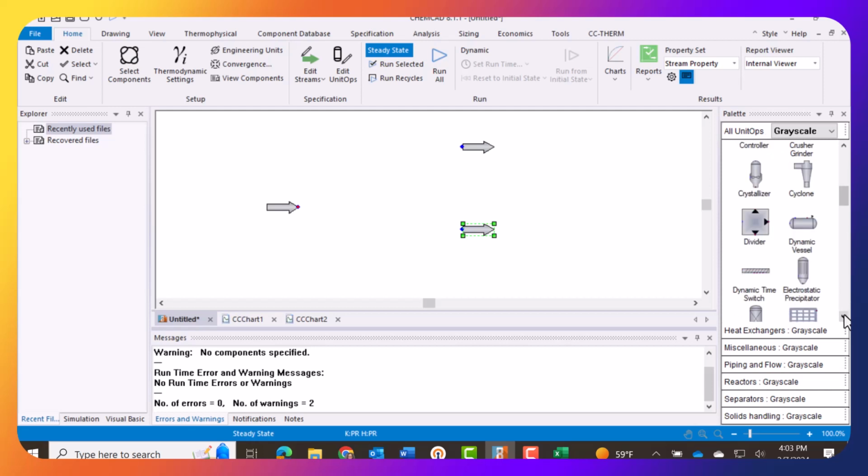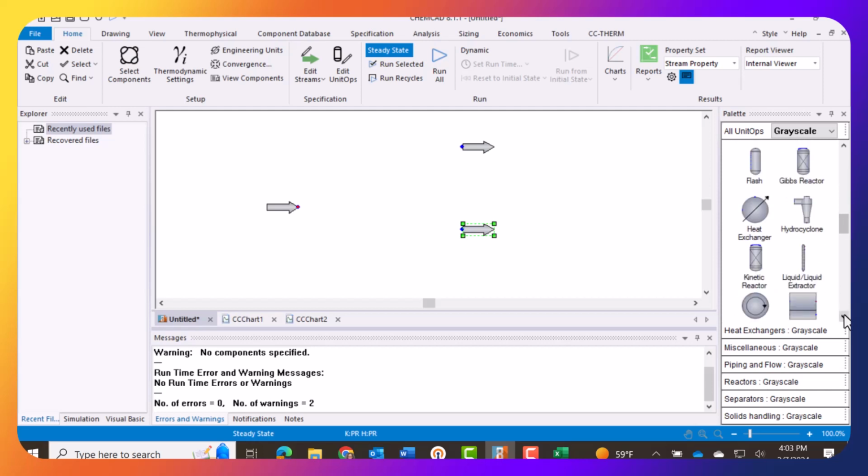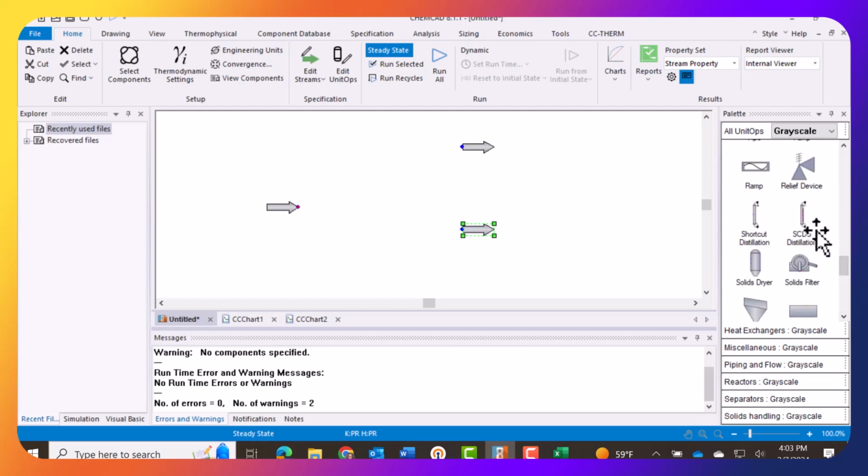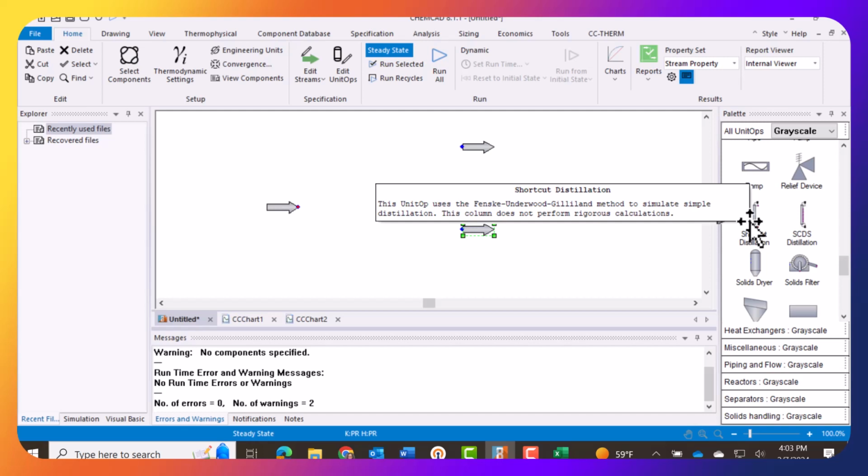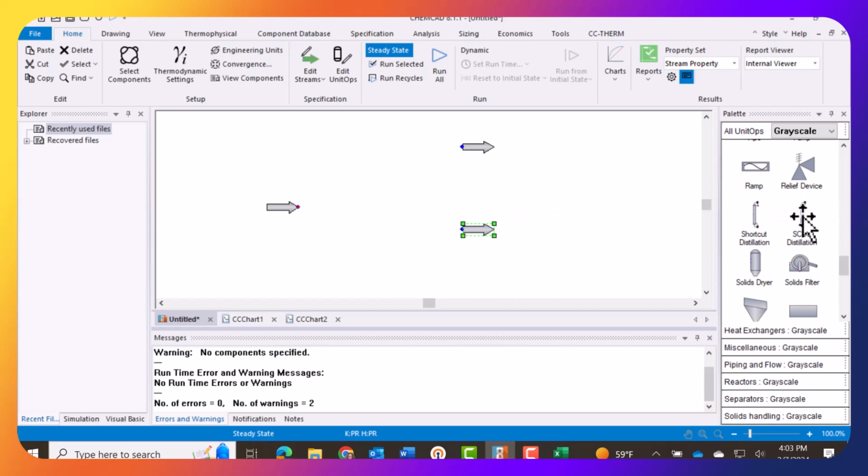Going on down through, way down near the bottom, we have shortcut distillation and SCDS distillation. Now, shortcut distillation is useful. It is going to be a way of doing the equivalent to McCabe-Thiele for multi-component systems to get a first guess. SCDS is going to be the rigorous calculations of material and energy balances.